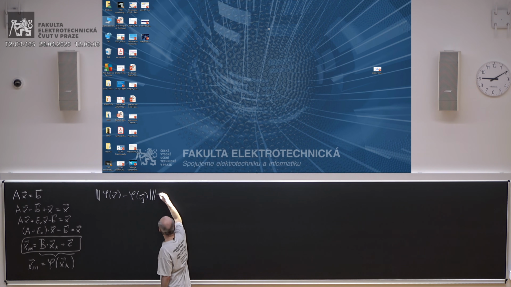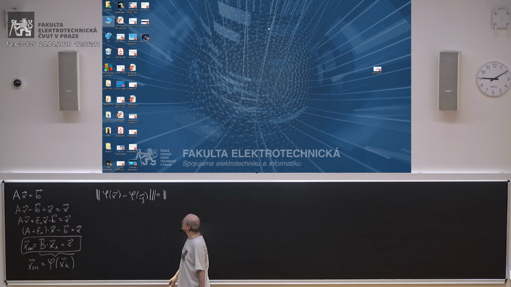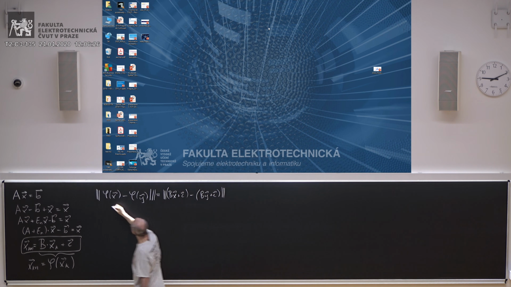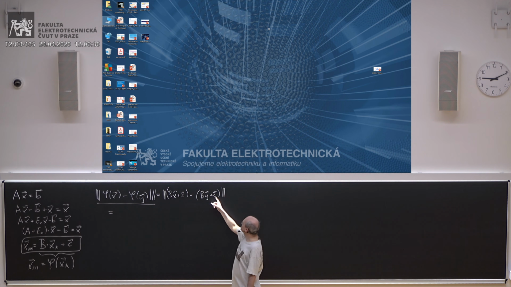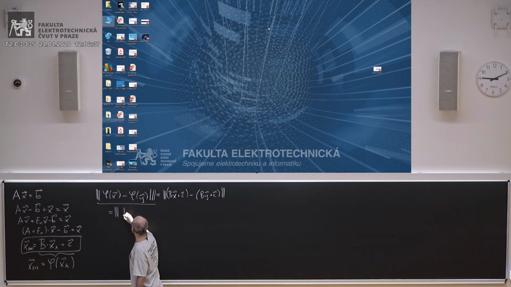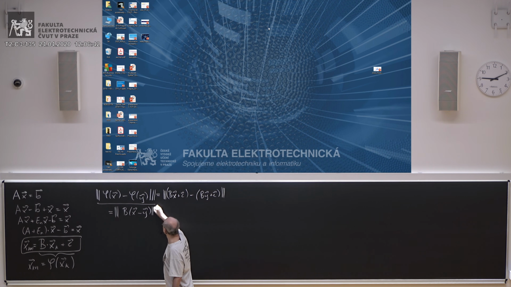Okay, what's that? Well, here we have the triple bar norm. Phi(x), for that we have a formula. This is Bx plus c. And we are subtracting By plus c. And we can see that c cancels, which is nice. And there are two terms, both of them featuring the matrix B. So I can factor it out, and I get B times (x minus y) in the norm.